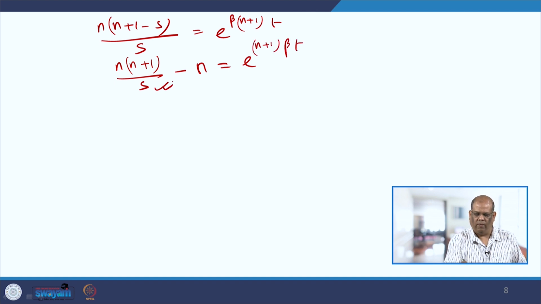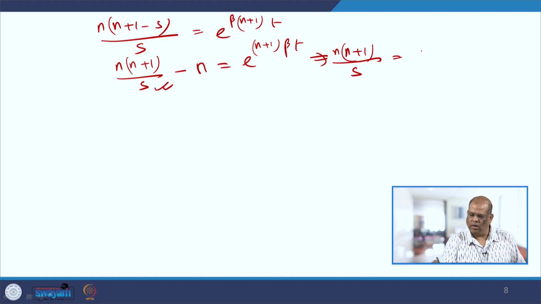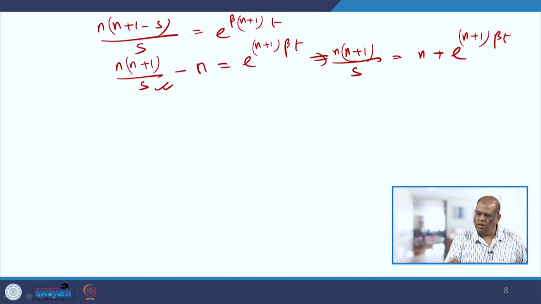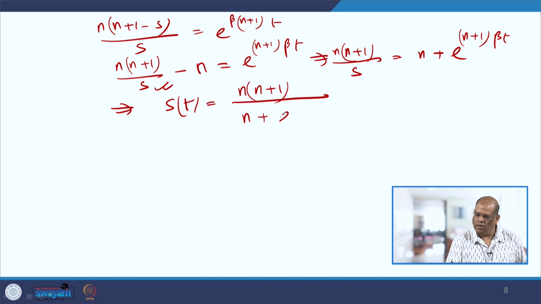So, I am just solving for this S. You take this to this side, (n plus 1) into n divided by S equal to n plus e to the power (n plus 1) beta t. And just cross multiply, your S(t) is n into (n plus 1) divided by (n plus e to the power (n plus 1) beta t).